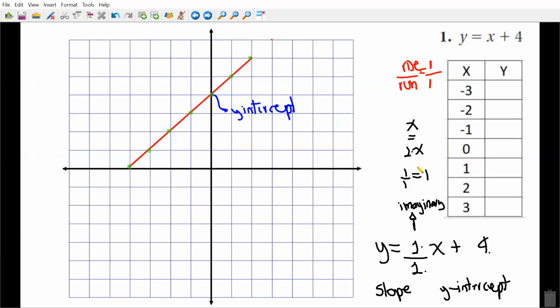Now, what is the coordinate of this point, guys? -4, comma 0. Excellent.